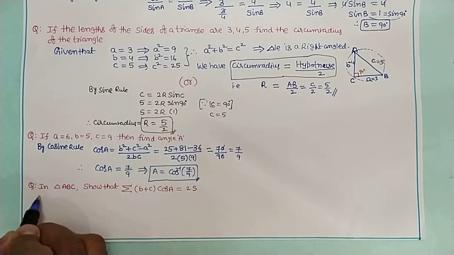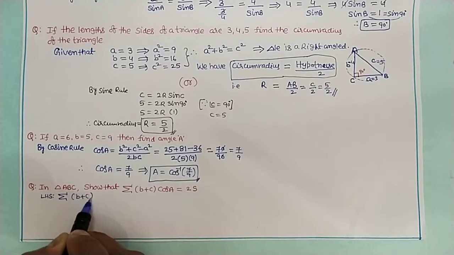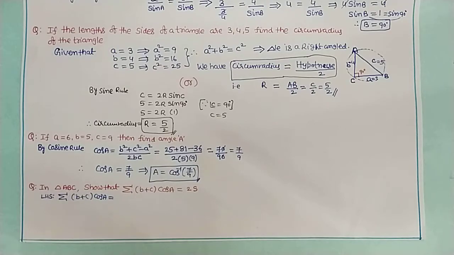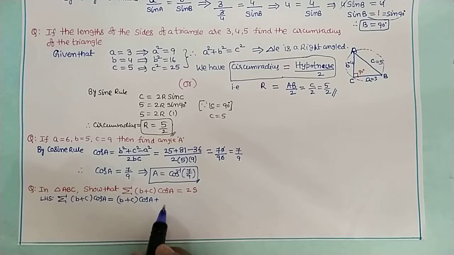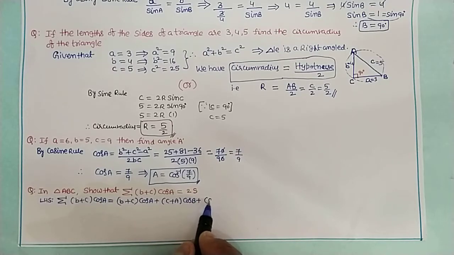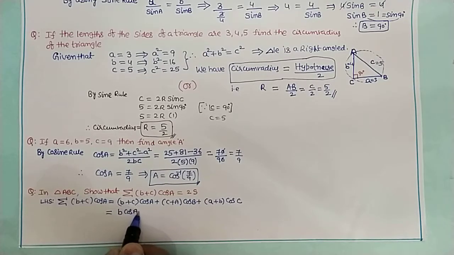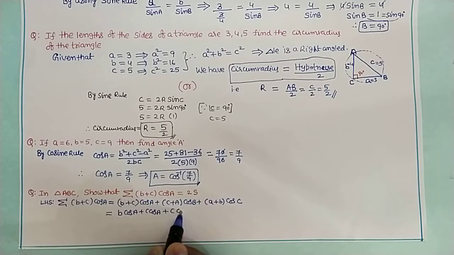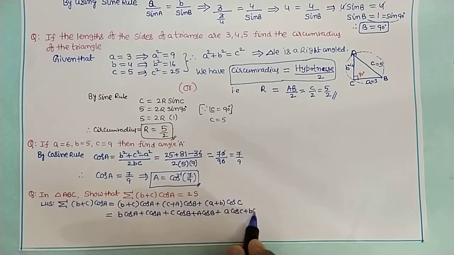Consider LHS: sigma (b plus c) into cos A. If we remove that sigma and write in cyclic order, (b plus c) into cos A plus (c plus a) into cos B plus (a plus b) into cos C. After that, actual multiplication: b into cos A plus c into cos A plus c into cos B plus a into cos B plus a into cos C plus b into cos C.